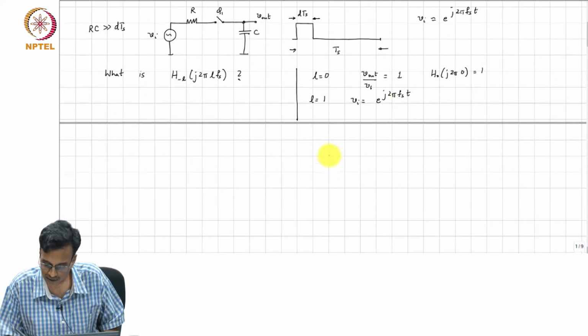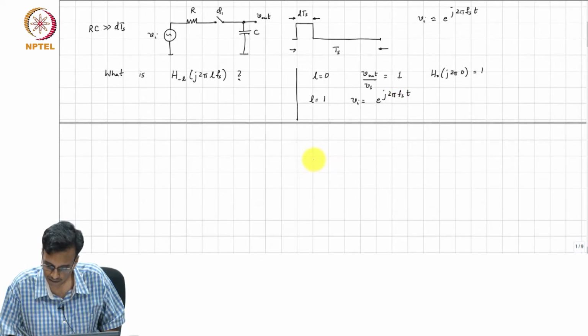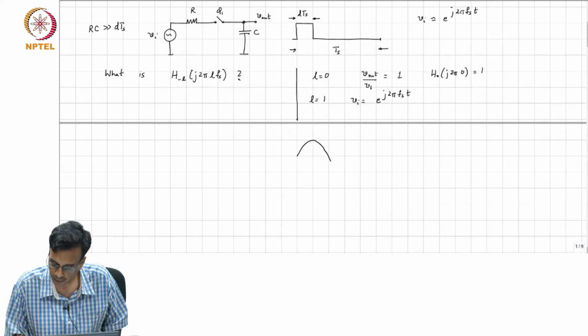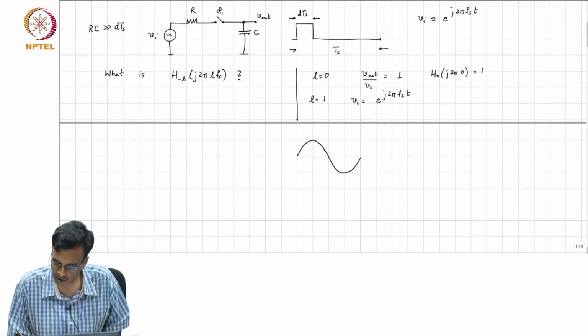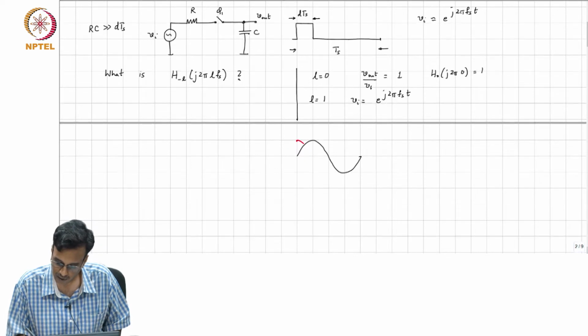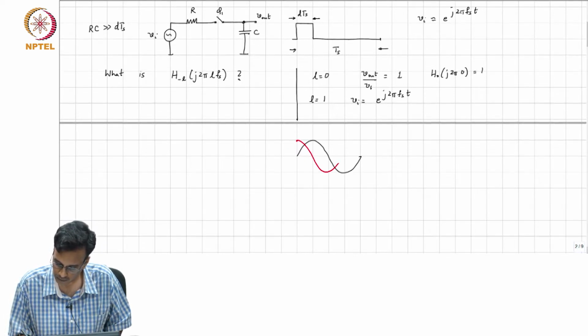So, basically let us think of the complex exponential as being there is a cos, there is a sine and there is a cos. Right.